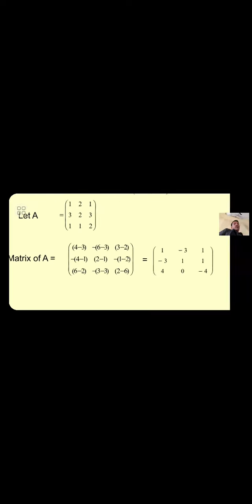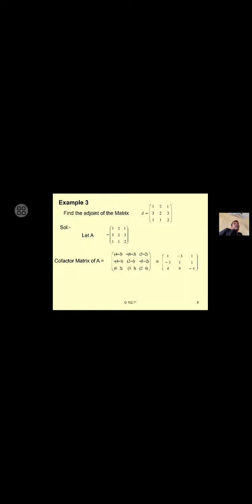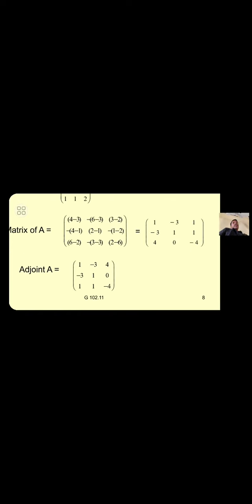That equals to 1 minus 3 1 minus 3 1 1 4 0 minus 4. Adjoint A equals to 1 minus 3 4. Here we transposed the cofactor matrix.